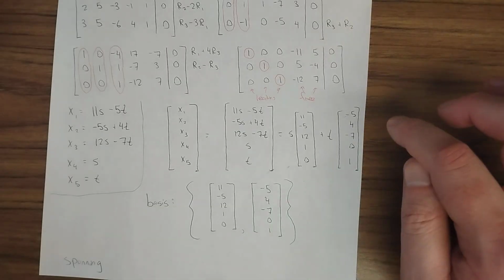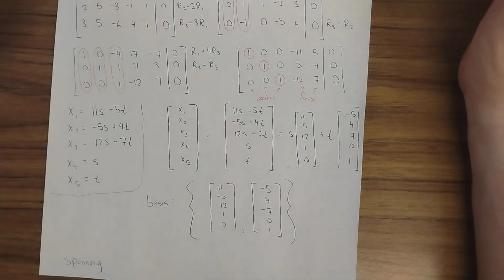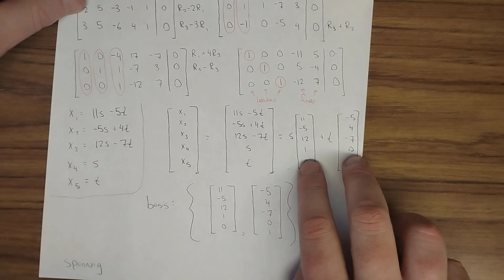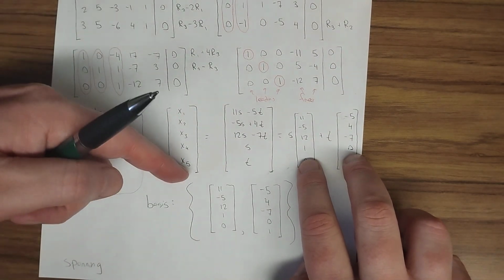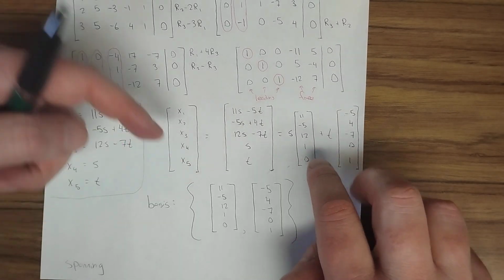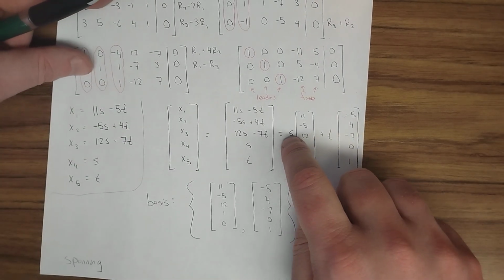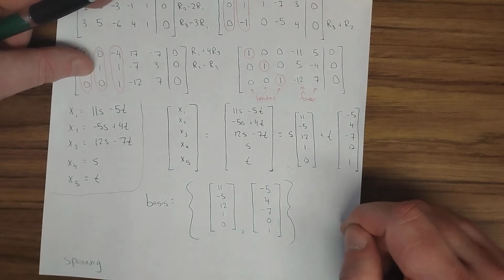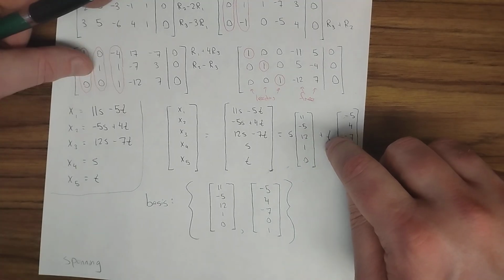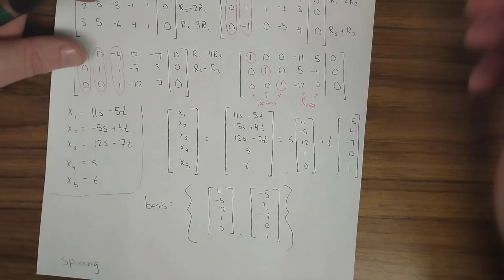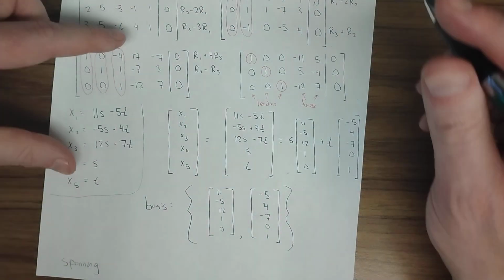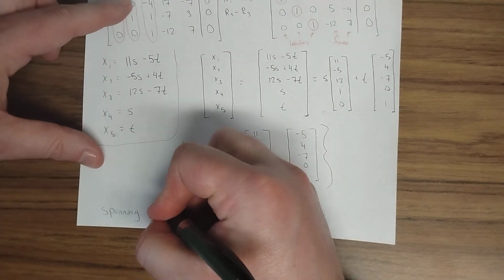And if there was a third basis element, then there would be a third scalar and a third basis element, but we only have two. And that's what we have right here. Any solution x1 through x5 can be written as a scalar, namely s, times this first basis element, plus another scalar, namely t, times the second basis element. So that shows that it is spanning.